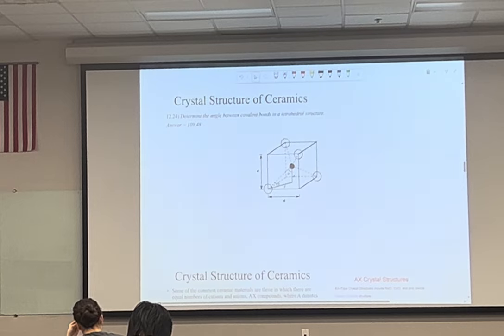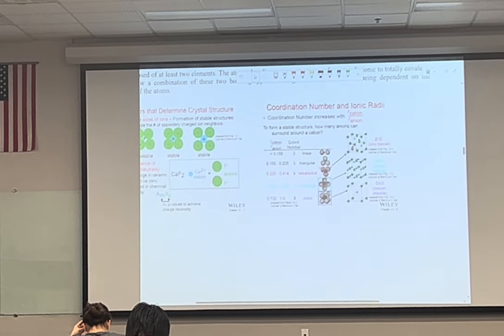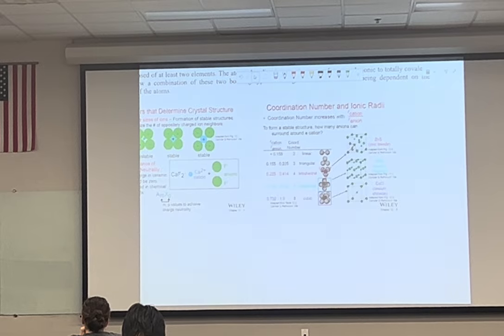So this one is more challenging. First thing I have to mention is that this table is purely based on geometry. In reality, there are some ceramics that do not follow this table. They can have a ratio in the range of coordination number 4 in tetrahedral, but they have a different structure.